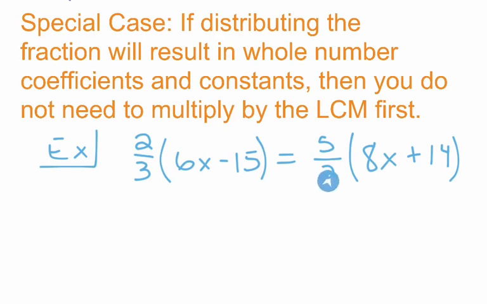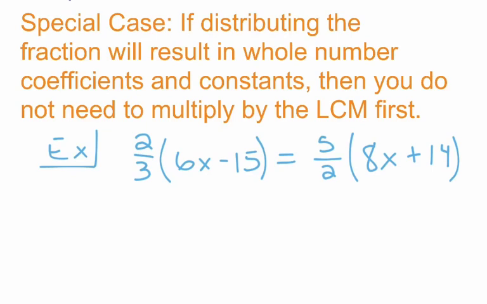On the right side, our denominator is 2. Again, looking at our numbers inside the parentheses, 8 is a multiple of 2, and 14 is a multiple of 2. So when the terms inside the parentheses are multiples of your denominator, then you don't need to multiply the entire equation by the LCM first.